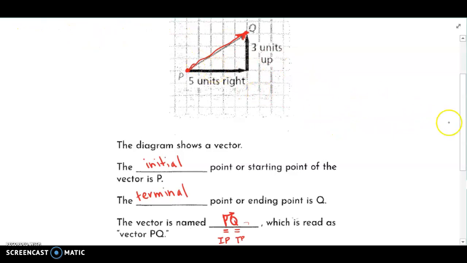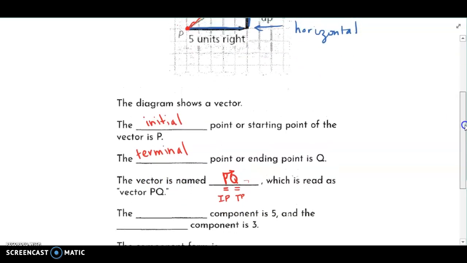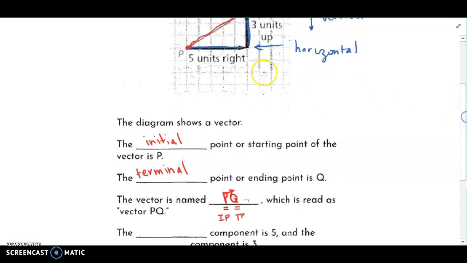All right, so if we look at this, here is horizontal. This here, up and down, is vertical. So keep that in mind. All right, so the horizontal component is 5.